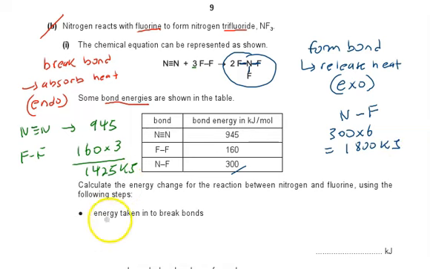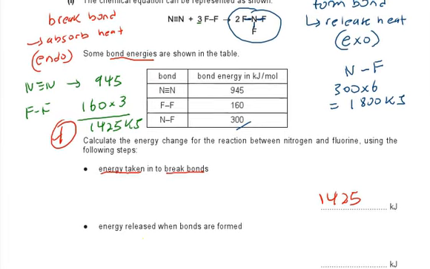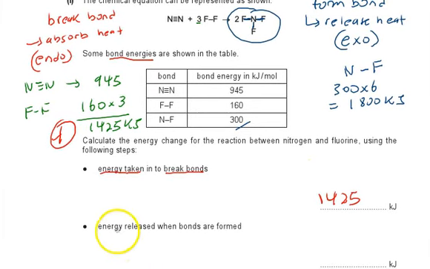Now the energy taken in to break the bonds is this, number 1: 1425 kilojoules. The next one is the energy released when bonds are formed, which is number 2: about 1800 kilojoules.